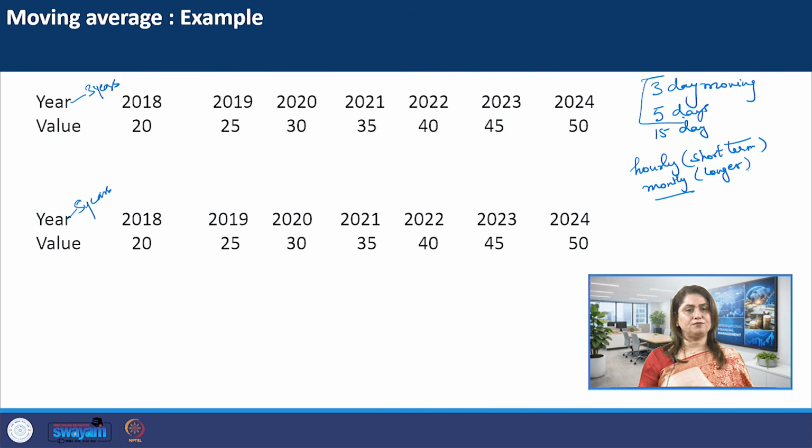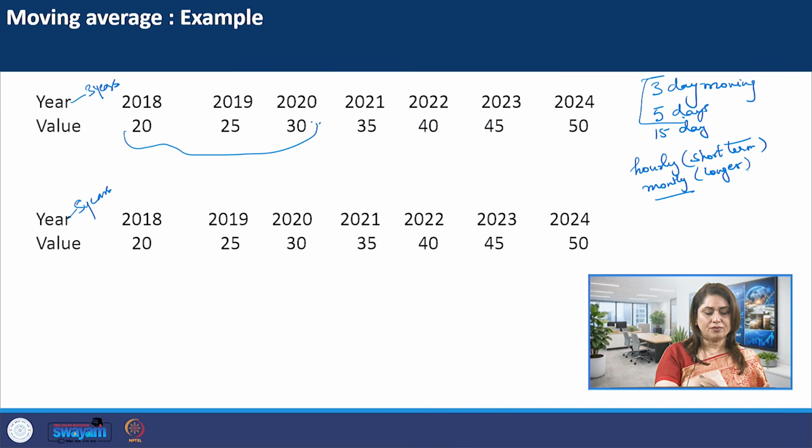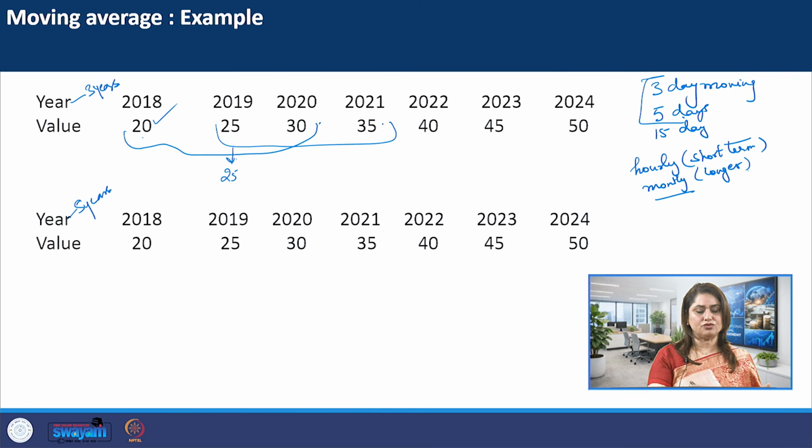Now, how are we going to find it? If it is a 3-year moving average, we take the averages and move by one data point. So, here we take the first 3, we find the average of 20, 25 and 30, and we get 25. Then we leave the first one and we take the next 3.